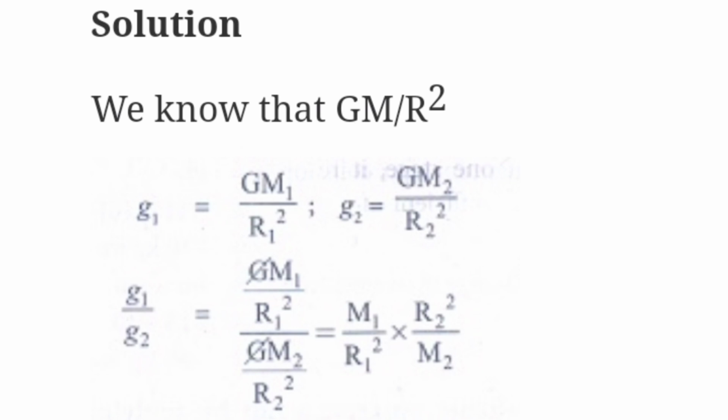Solution: we know that g is equal to GM by r squared. g1 is equal to Gm1 by r1 squared, g2 is equal to Gm2 by r2 squared.